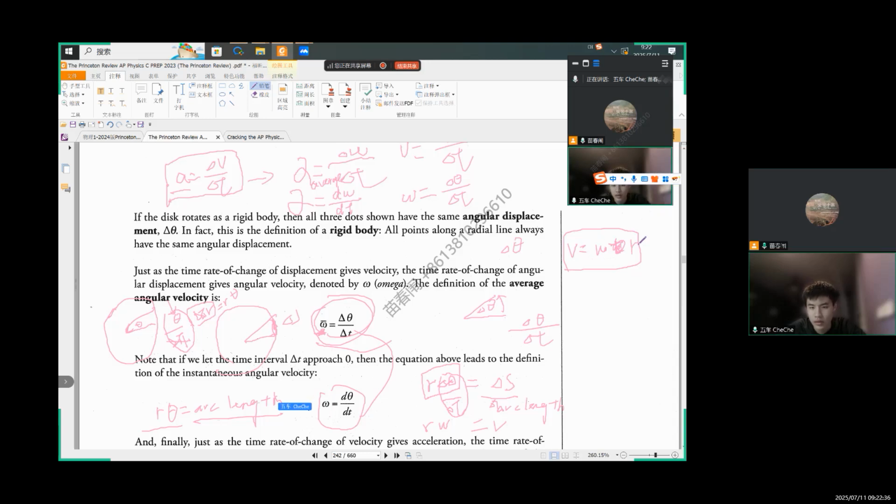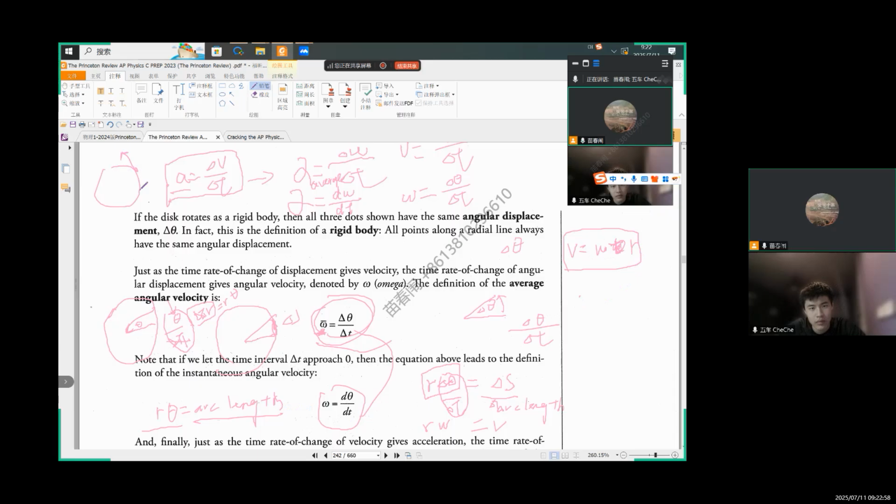So you're saying the velocity of the arc? It's the linear velocity of the rotation. For example, in here your linear velocity is along the tangential line.